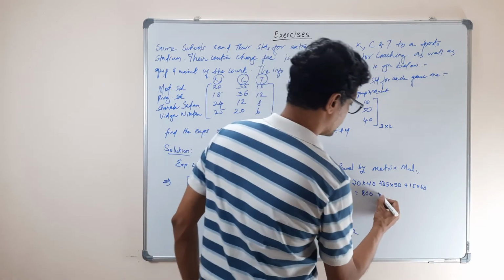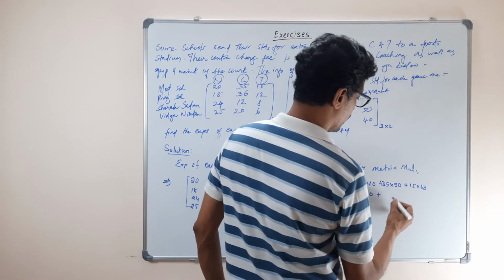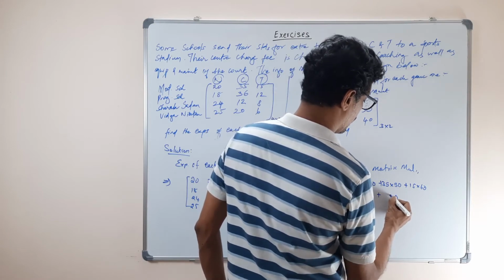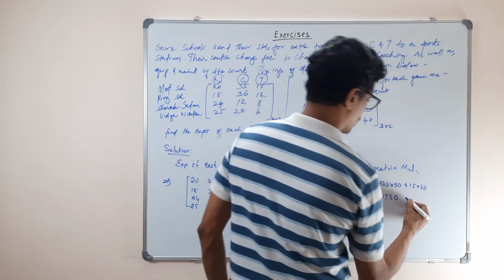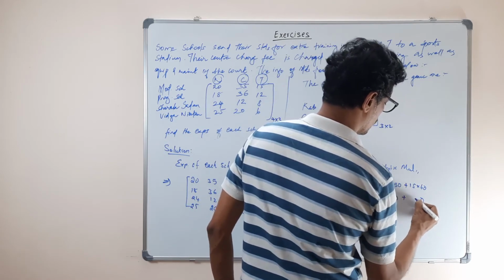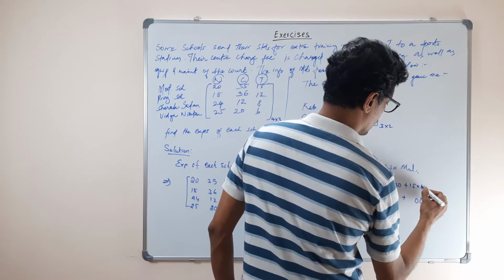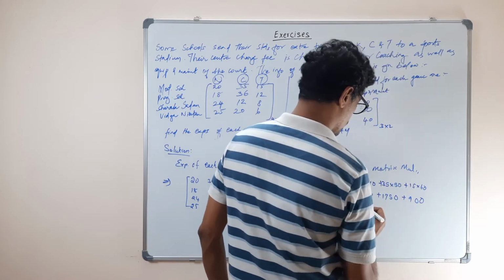Plus 35 into 50 is 1750. Then 15 into 60 is 900. So what will be the total answer?